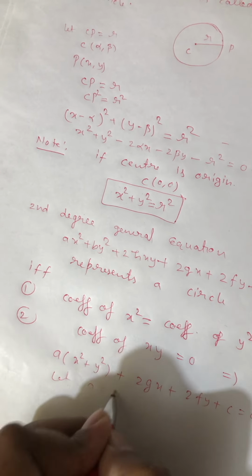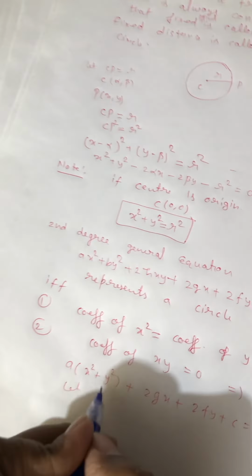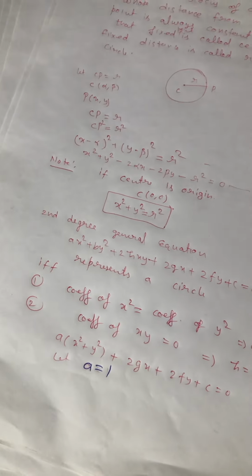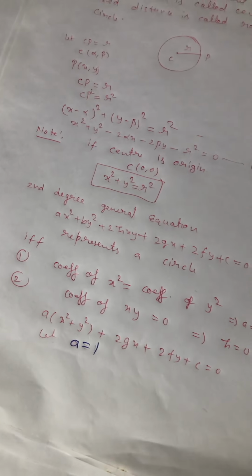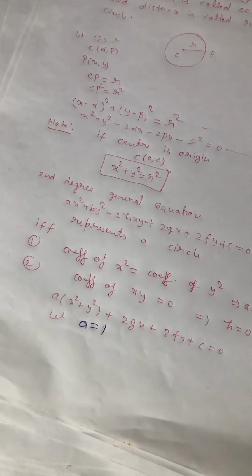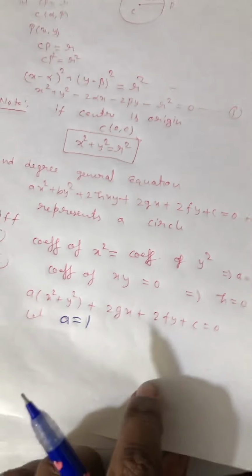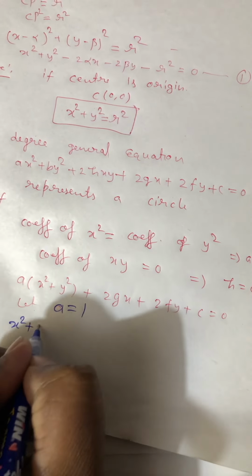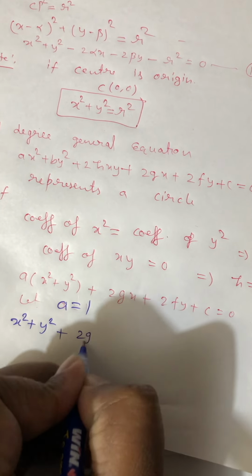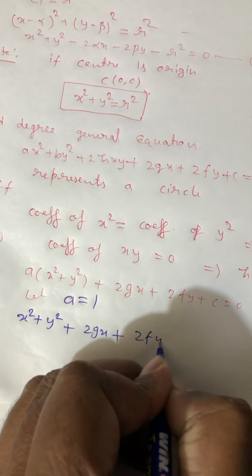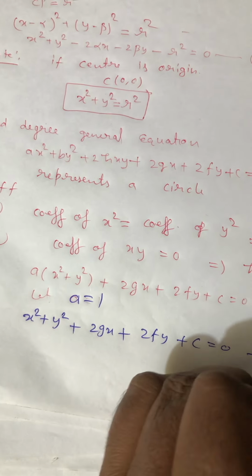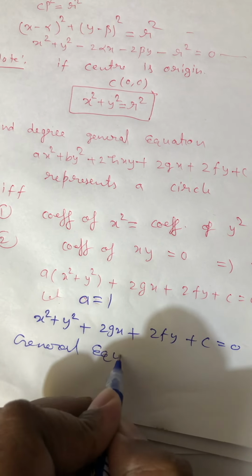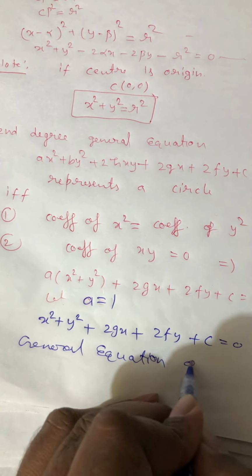Let a is equal to 1, that means if I divide the equation by a to make the coefficients of x square and y square equal to 1, then the equation becomes x square plus y square plus 2gx plus 2fy plus c is equal to 0. This is the general equation of a circle.